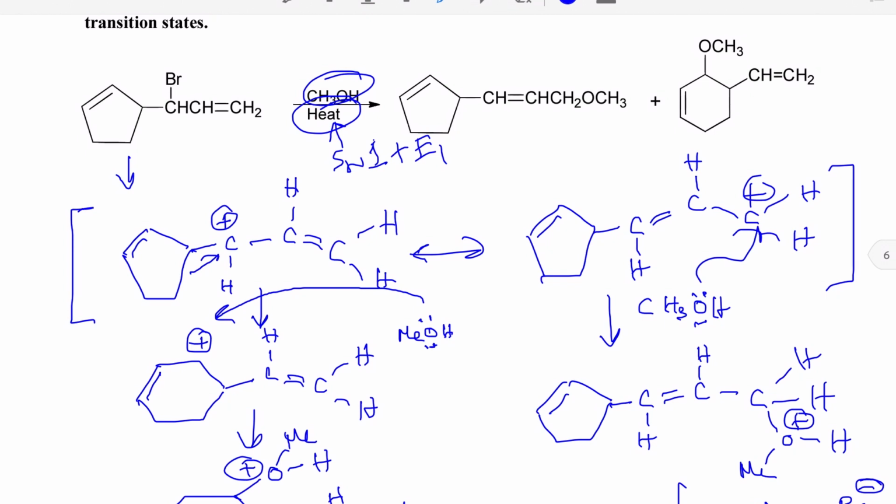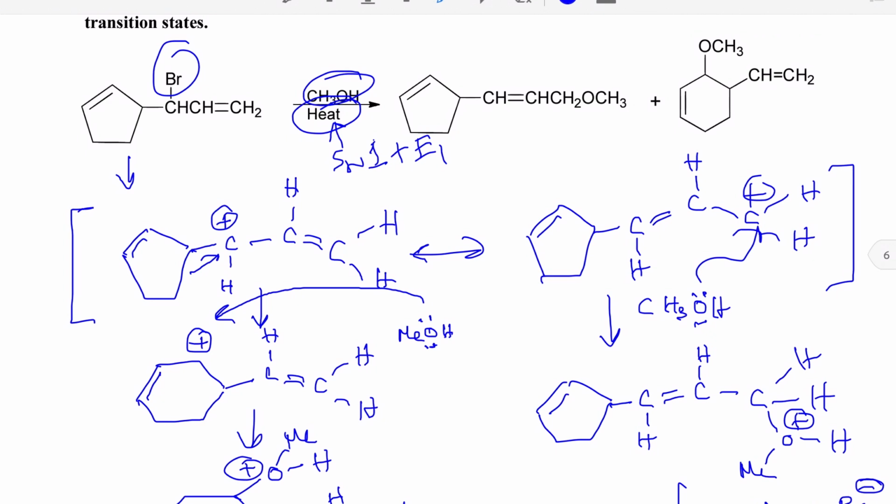What I mean by that is the first step for both of these reactions is always the removal of the leaving group. In this case, that is the bromine, the bromo group. When it leaves, we form a secondary carbocation.